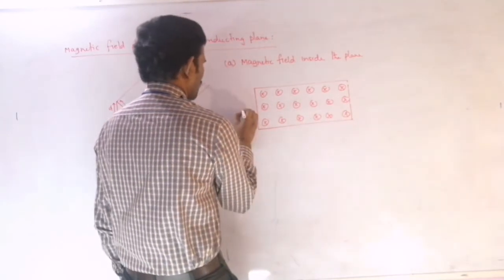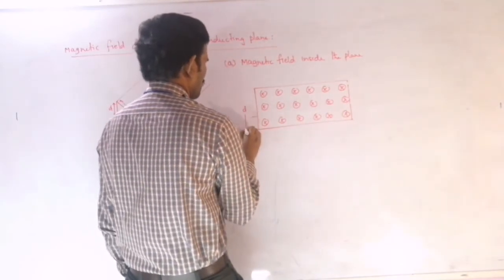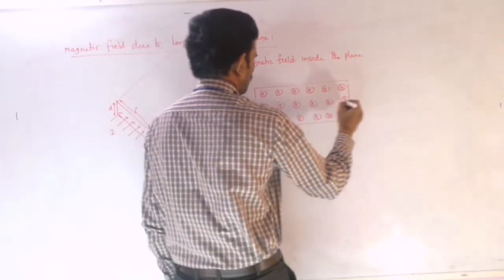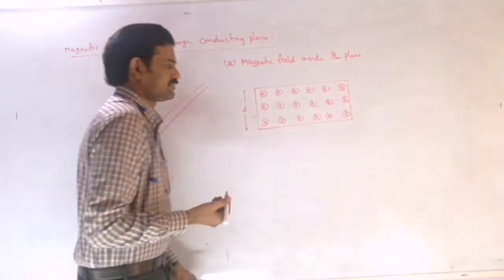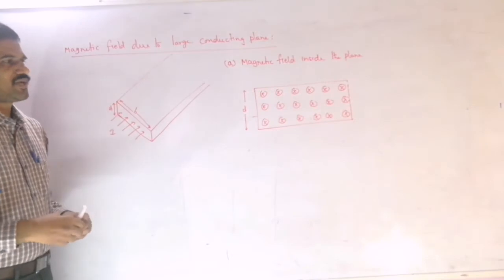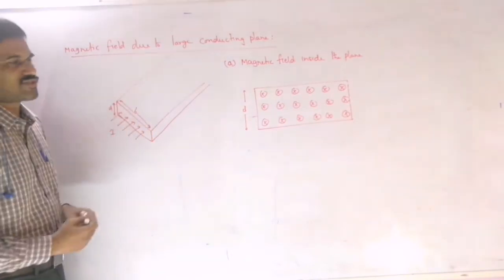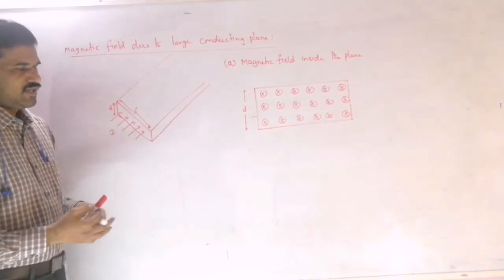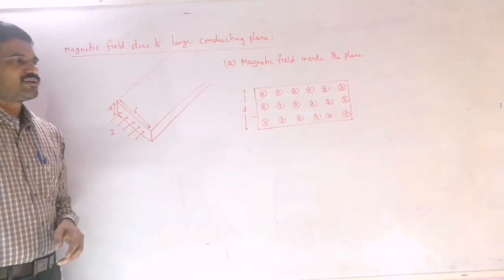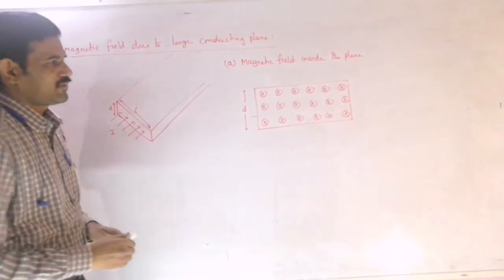This thickness is nothing but d, right? And so now to find the magnetic field, I am drawing this cross section.